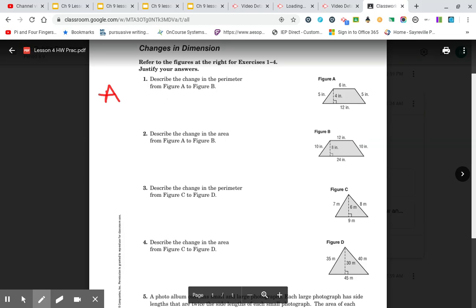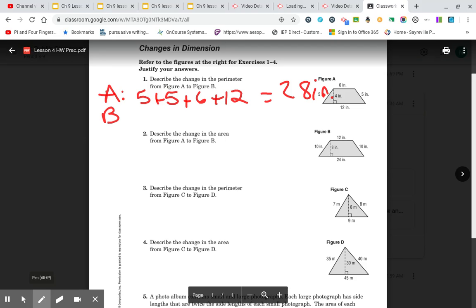So you can do this by figure A. I'm going to write here. You're going to do 6 times 2 plus, I'm sorry, I lied. You're going to do 5 plus 5 plus 6 plus 12, because it's a trapezoid. So that's 18, and 10 is 28 is this perimeter, 28 inches.